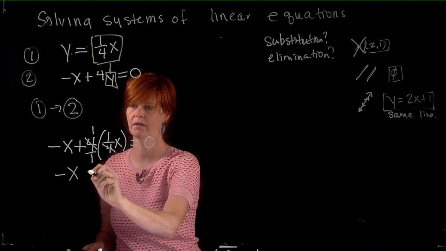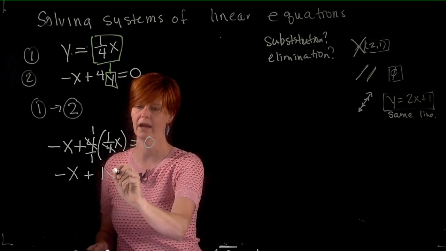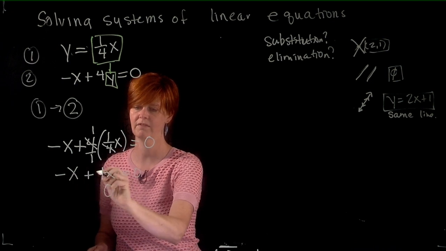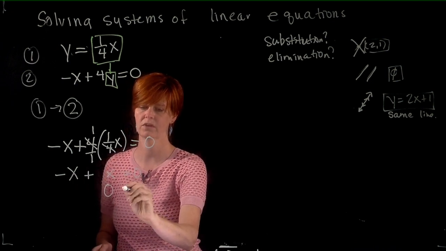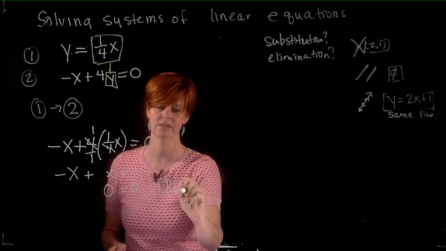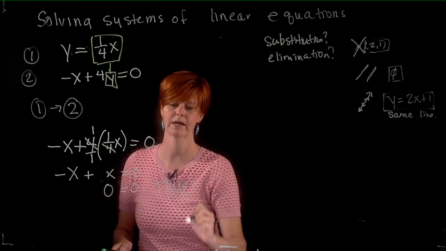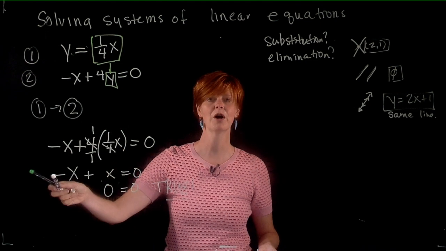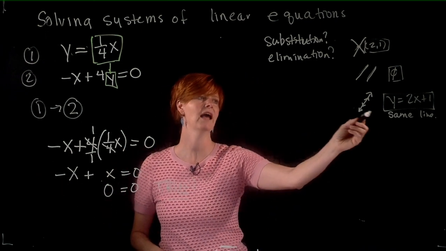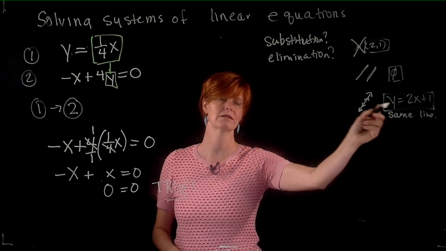Negative x plus 1x is 0, because negative x plus x is 0, equals 0. Now, this is different than the last problem because all the variables dropped out, but we ended up with a true statement.